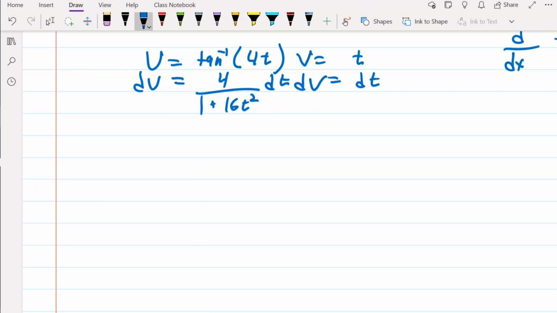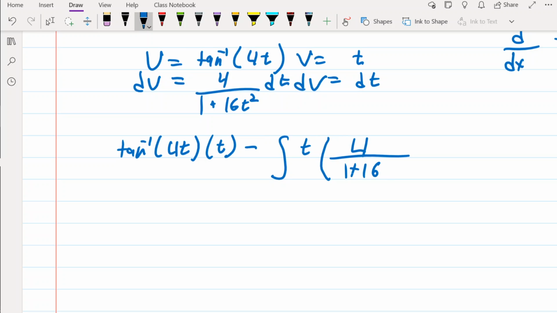Then we're going to go to u times v minus the integral of v times du.